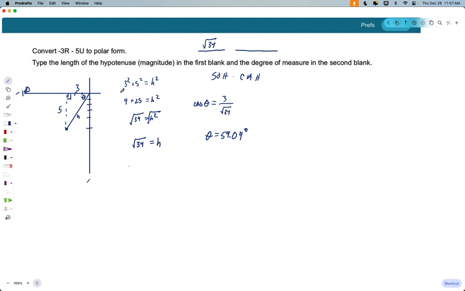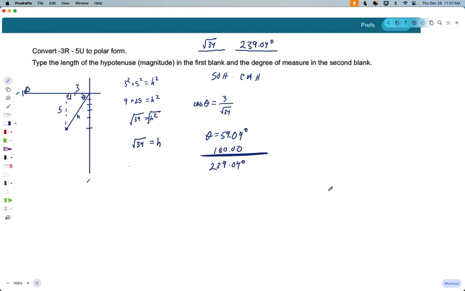We went from 0 to 90 to 180, and now we've got another 59.04 degrees. So we have to add 180 to that to get the actual calculation. So this is 59, 5 and 8 is 13, carry 1. So 239.04. That is your degree of measure.